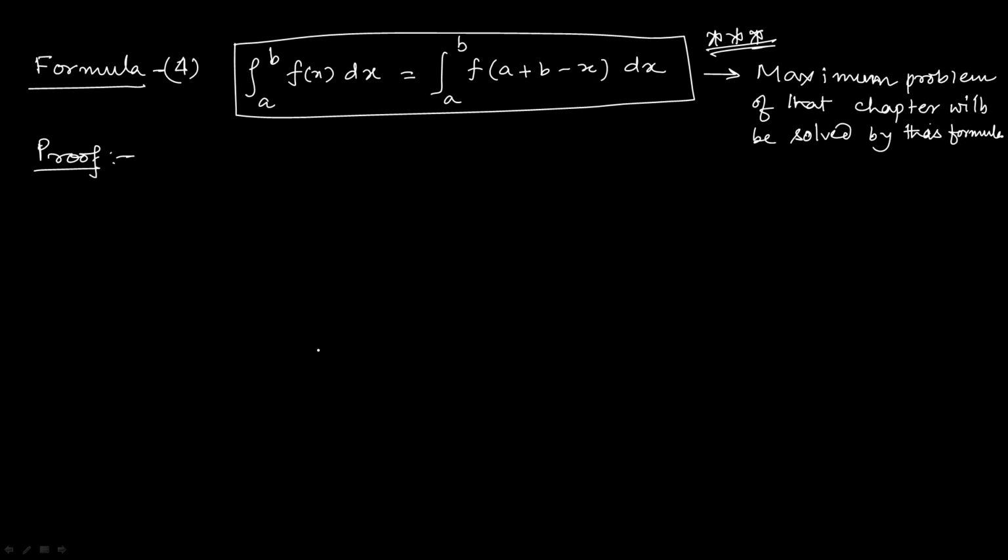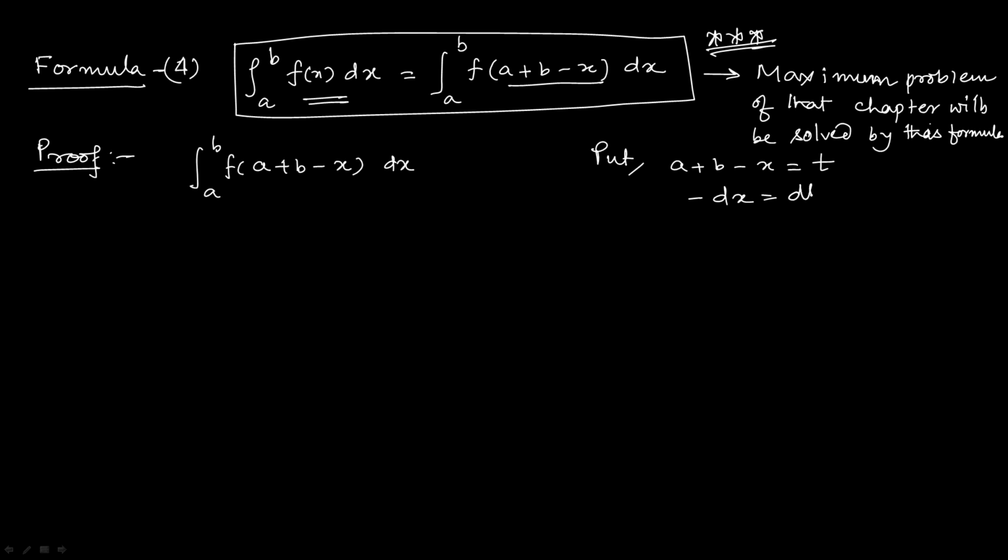First, I am saying that this one will bring this one, that we will see. So first I take the integration a to b f(a plus b minus x) dx. I will take one substitution: a plus b minus x equal to t. So obviously minus dx is equal to dt.